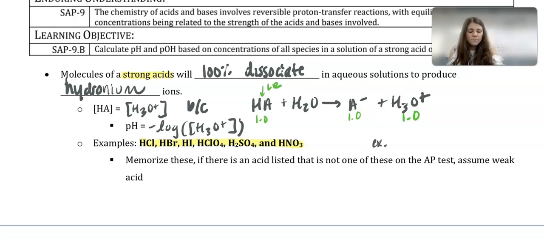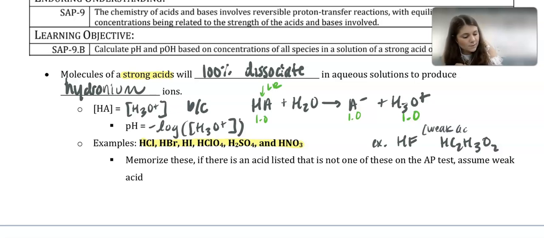Some examples: HF. HF, although it is in group 17, is not considered strong, it's weak. Another example, acetic acid. Here, not one of the 6, so it would be considered a weak acid.